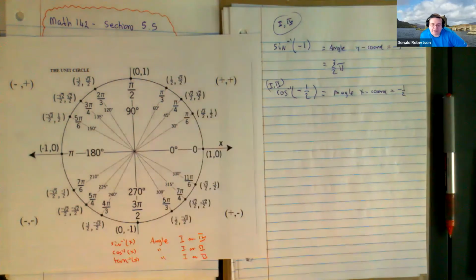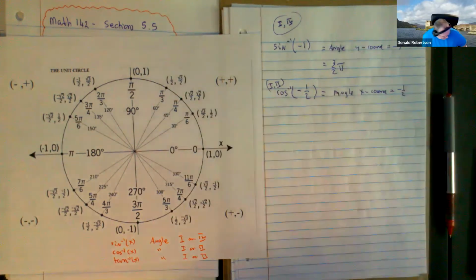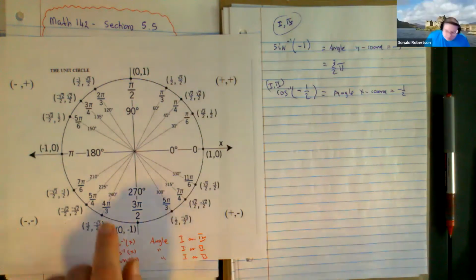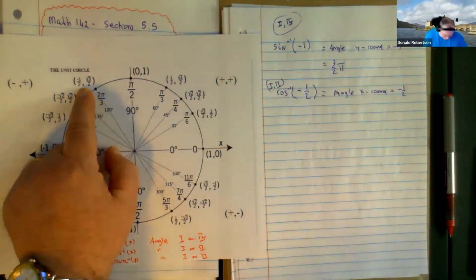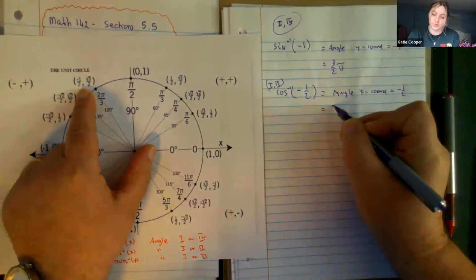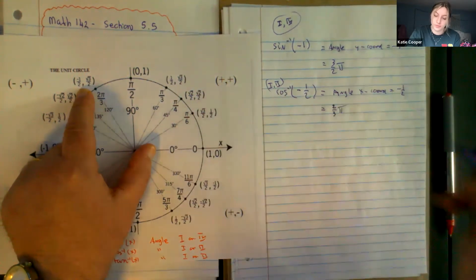So which angle in the first or second quadrant has an x coordinate of -1/2? 2π/3. Check it out. Would you agree? So your answer, 2/3 pi.